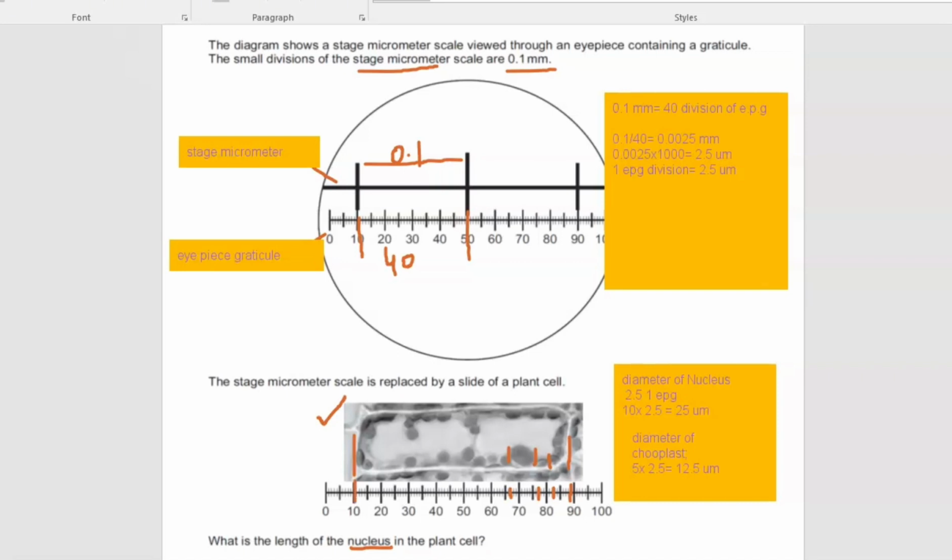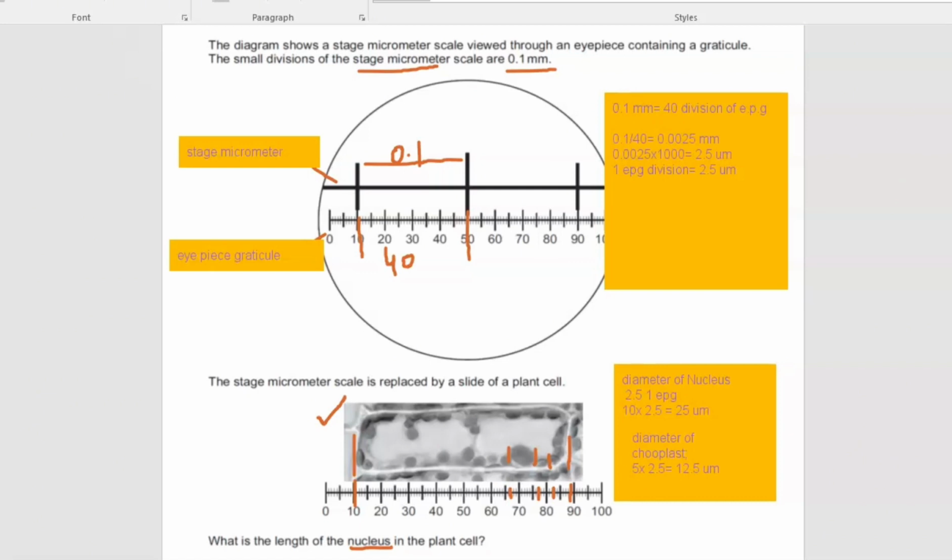It is starting from 10 to 88, so it is 78 divisions. So 78 multiplied by 2.5: 78 divisions, and 1 division is 2.5 micrometer. So 195 micrometer is the total length of this.